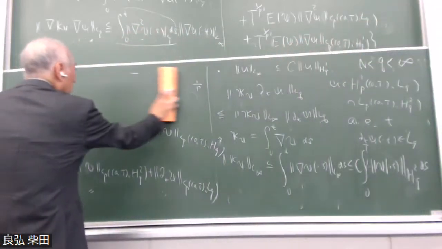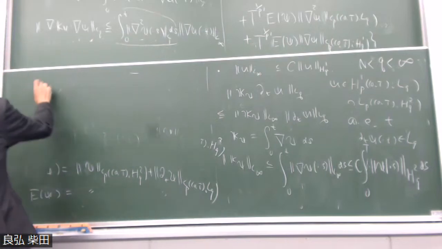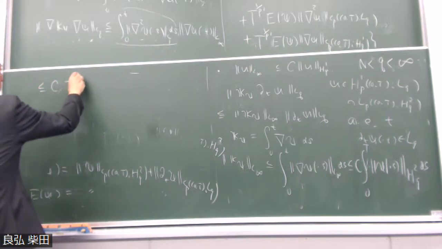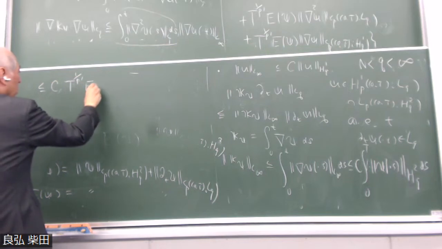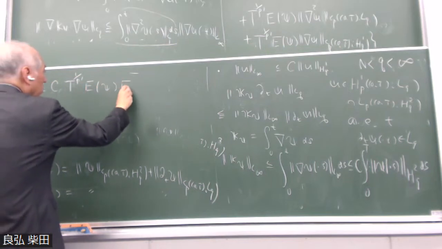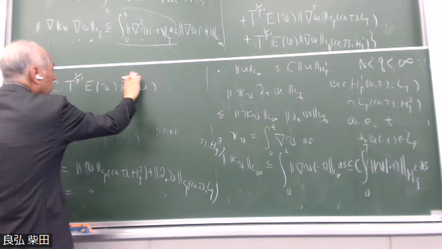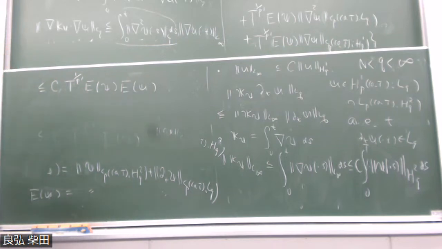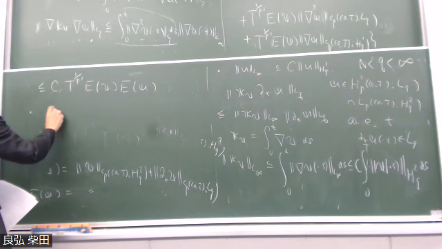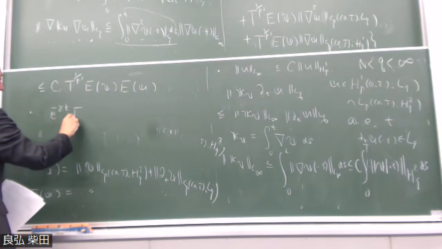Therefore you have T to the minus power P prime, EB. You have this. Then we get T to the minus gamma T 0.